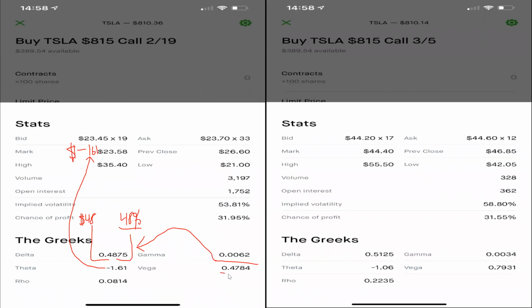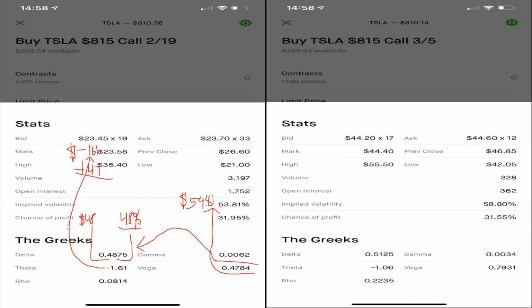Now, Vega is telling me that the IV on this contract is 53.81%, but the Vega on this contract is 47. So if this IV were to jump to 54.81, that means I would gain $47 back on my options premium right there, taking away from those time decay losses.